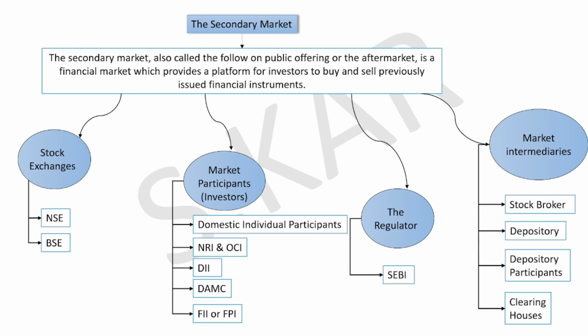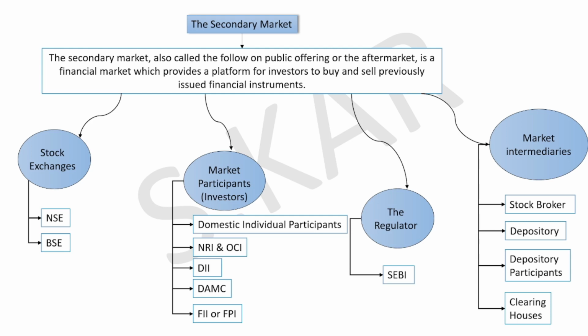When you buy a share, someone is selling that share, so you get that share from a person whom you don't know, and you don't need to know. As long as you get it at your favorable price, you don't need to know from whom you are getting.